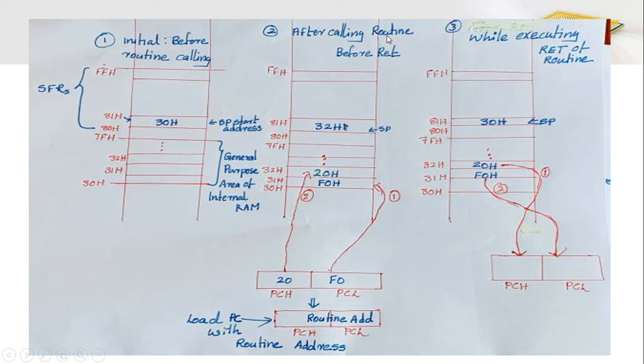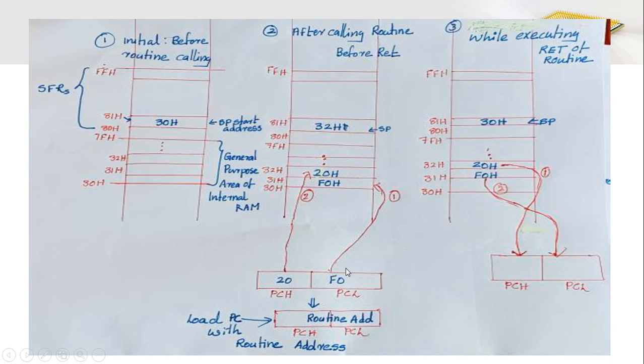Now consider after calling the routine. We need to transfer the control from the main program to the subroutine body. Before that, we need to increment the stack pointer content by 1. Initially the stack pointer is pointing to 30H, so increment it by 1 and the stack pointer now points to 31H.